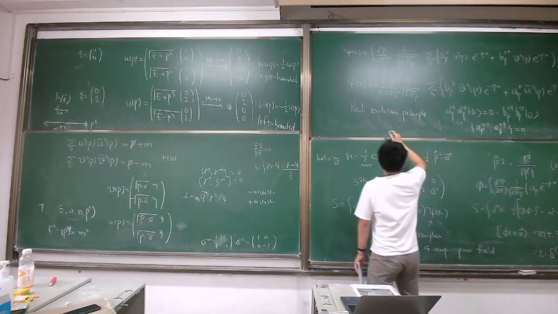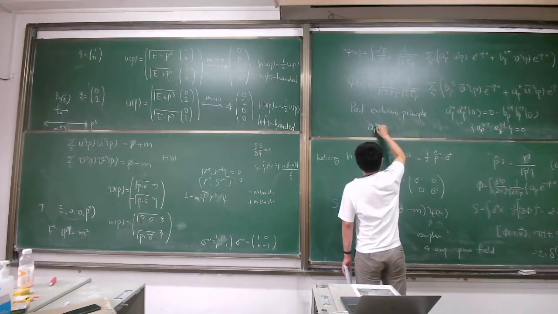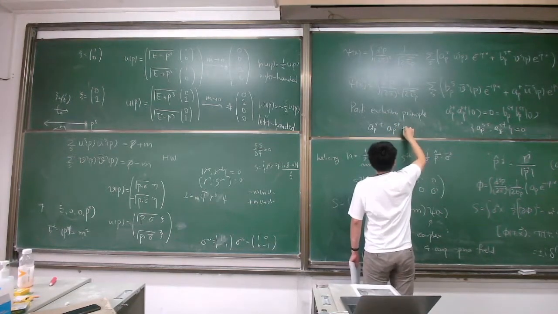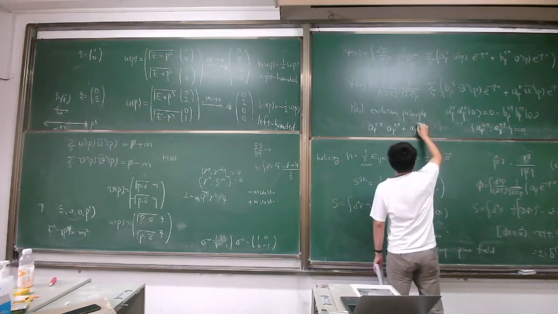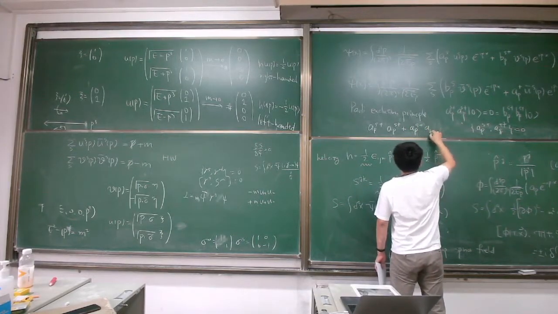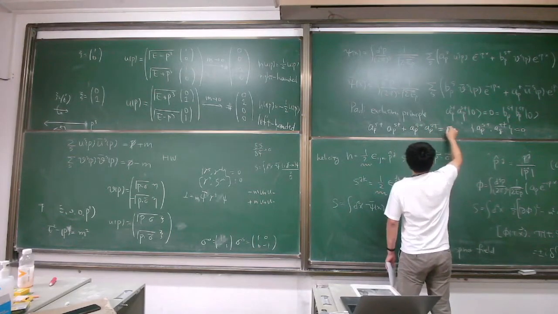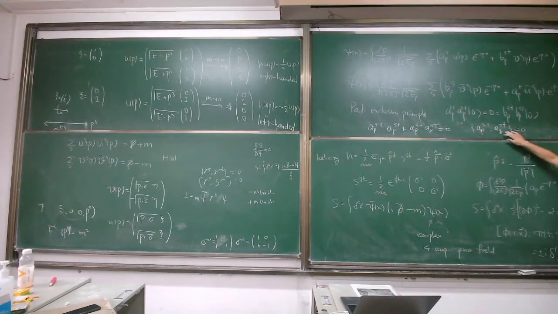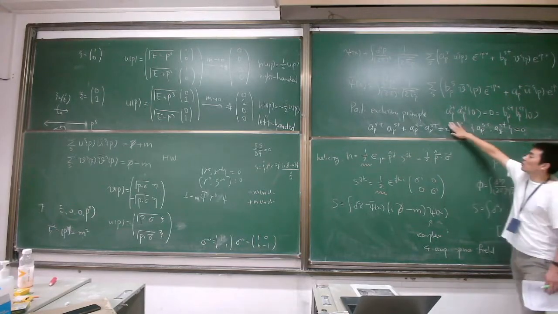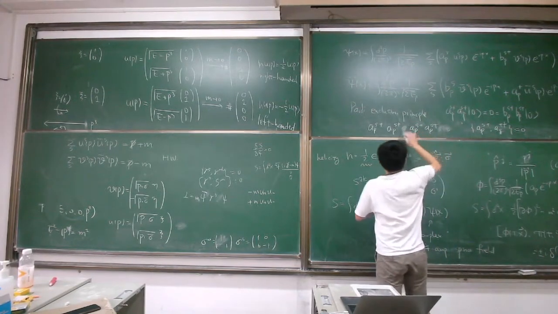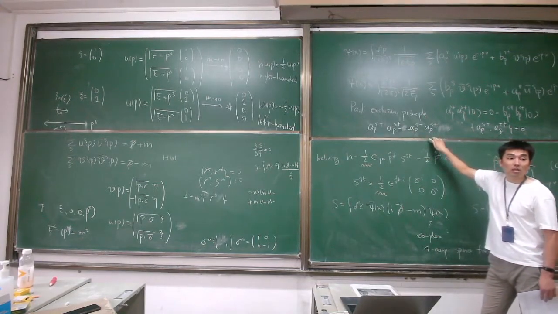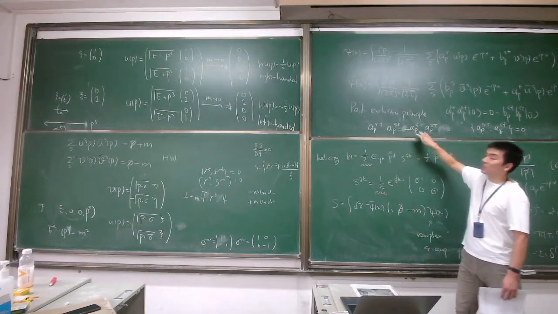As you can easily see, if a_p^s dagger a_p^s dagger plus a_p^s dagger a_p^s dagger is equal to 0, if you impose this anticommutation relation, do you understand what I meant? Therefore, this should be equal to minus of this one. This is equal to minus itself.